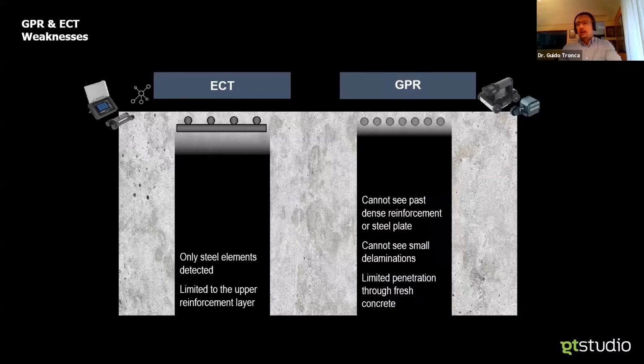For GPR, the same principle holds as for many NDT methods: whatever I see best makes me blind behind. So I can see perfectly well metal elements, then I will have a small penetration behind heavily congested arrangements, and it is not as good or less effective when the concrete is conductive, so fresh or wet concrete.